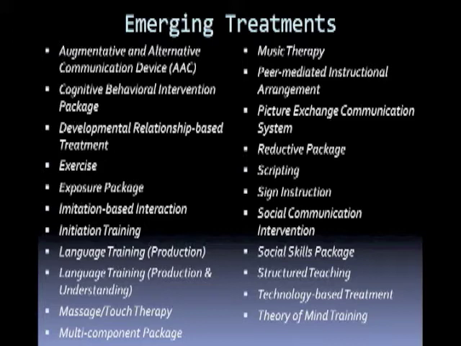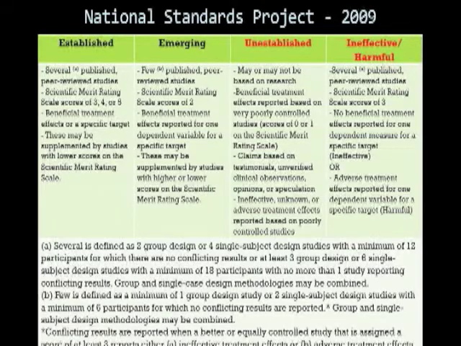And so this gives us a much broader list to look at than was previously on the list. And then also unestablished and ineffective and harmful are listed. I'm not going to go into these, but there are some strategies on there that are listed as unestablished or ineffective. And unestablished may be because there's not enough research.